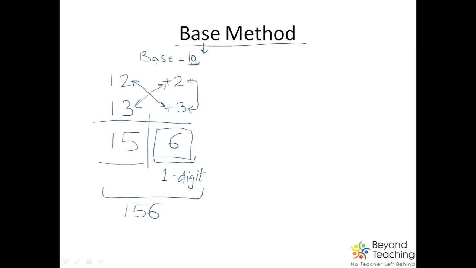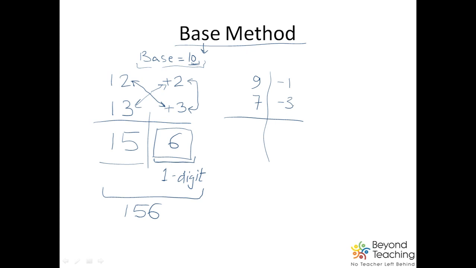So base 10, we are seeing one example here. In this case, we have taken an example where it was both a positive deviation. Let's take another example which has both negative deviation. I know all of us know what is 9 times 7, but let's just try and do this for the sake of understanding the method. So obviously 9 is 1 less than 10, 7 is 3 less than 10, and we'll again follow the same method.